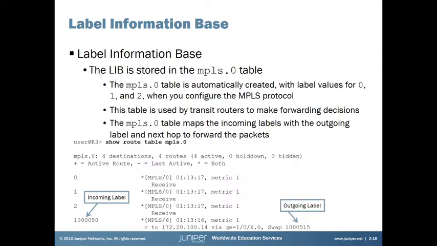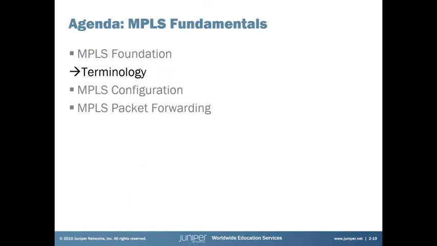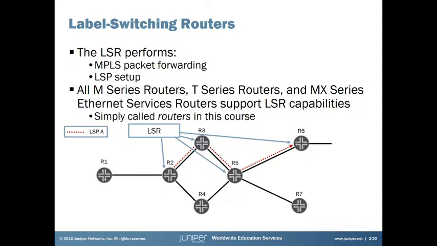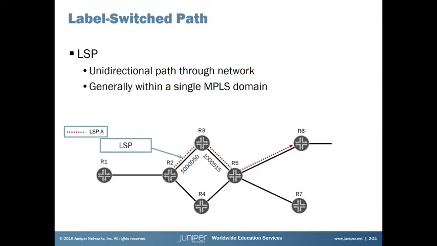So it's kind of recapping the things that we have learnt so far. A bit of terminology here. We have a label switch router, which could be any router that performs MPLS lookups and forwarding. So really any router in the path, very simply. We're just going to call them routers for our purpose.